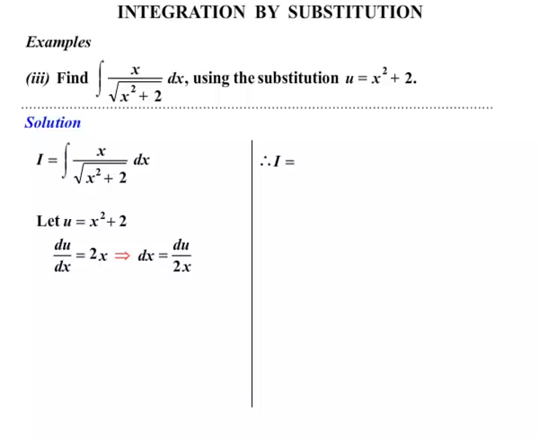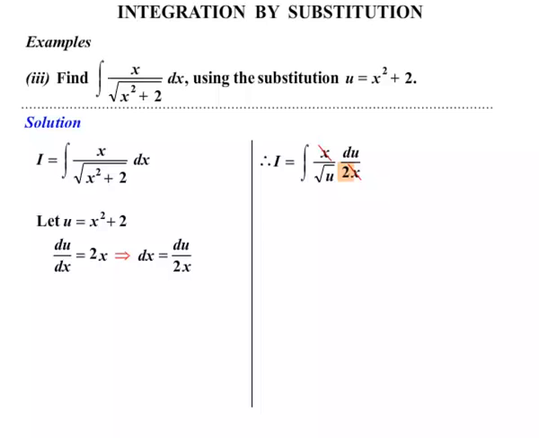So therefore the integral equals. Now this is what we've got at the moment, but we're replacing that x squared plus 2, the square root of it, with u. So we're going to get x over the square root of u, and the dx gets replaced with du over 2x. So looking at that, those x's cancel each other out. And let's simplify that.